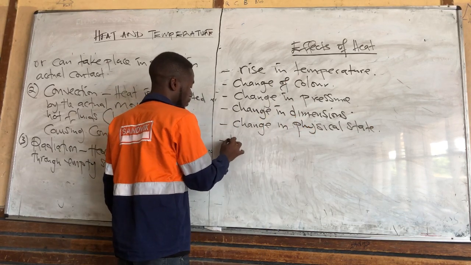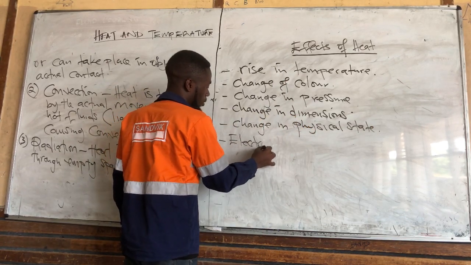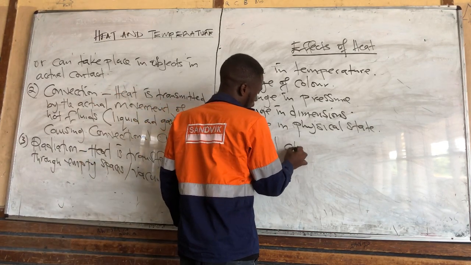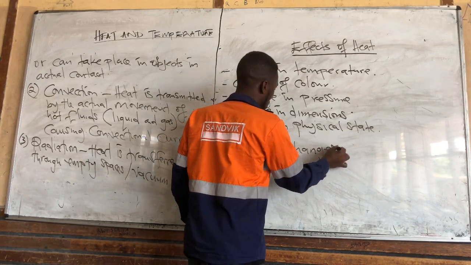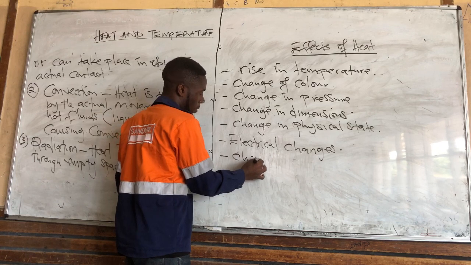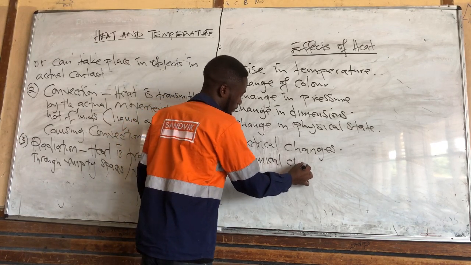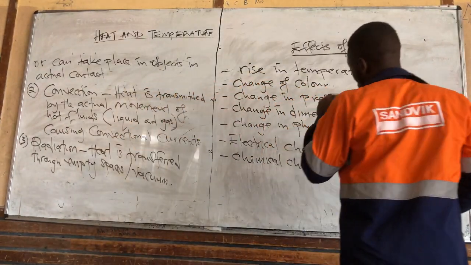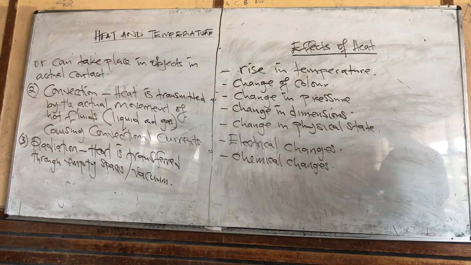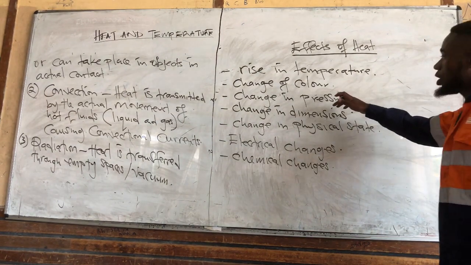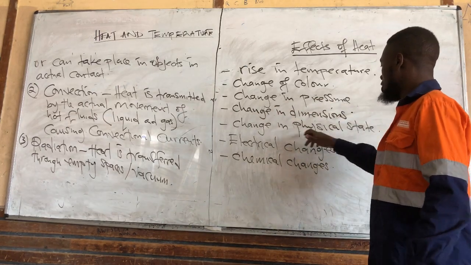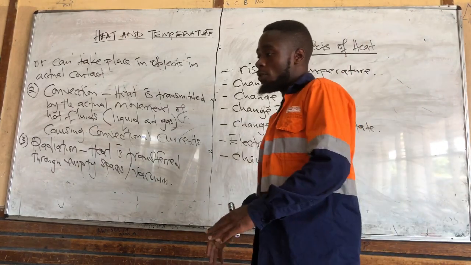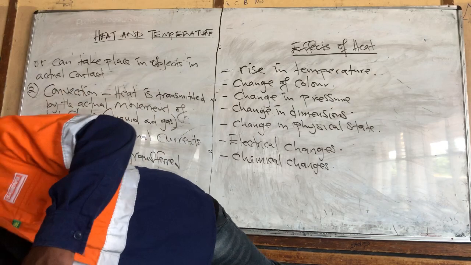We also have electrical changes, chemical changes. Okay, so I'll try to explain all of this. The effects of heat are rise in temperature, change in color, change in pressure, change in dimensions, change in physical state, electrical changes, chemical changes. So these are the effects or the results of heat. When you heat something, these are the results.